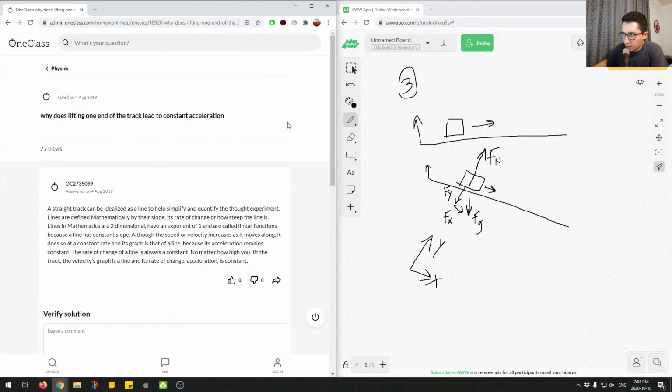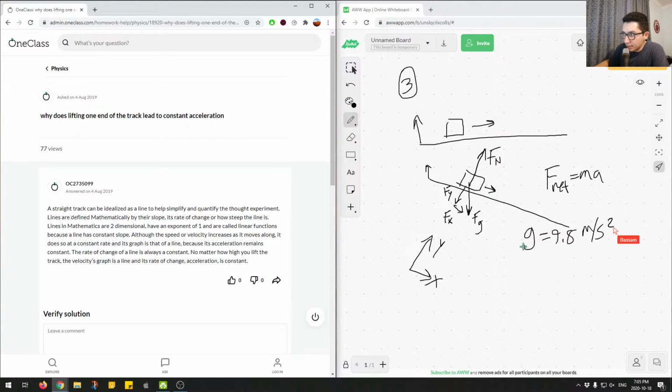So we can see based on this, we know Fy is only equalized by the normal force, but here we have Fx, which is the reason why this object is accelerating. So we know F net equals ma. This is Newton's second law. And then we can see that this Fx is not countered by anything unless there was a force of friction, and this Fx is caused by the force of gravity, and the force of gravity is caused by acceleration due to gravity, and that's 9.8 meters per second squared.